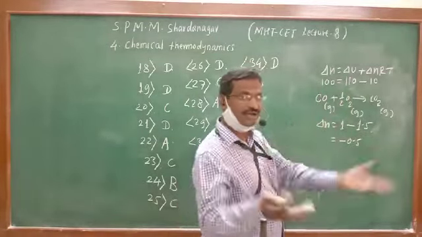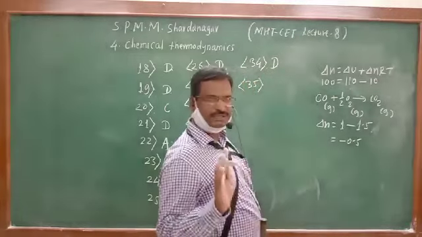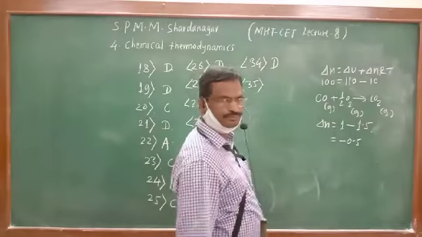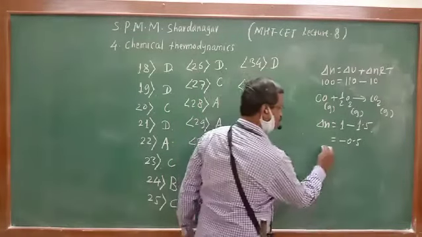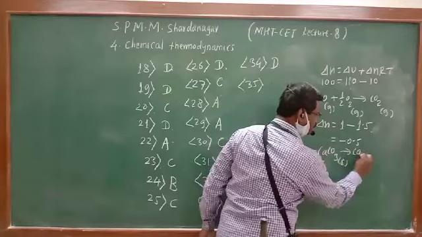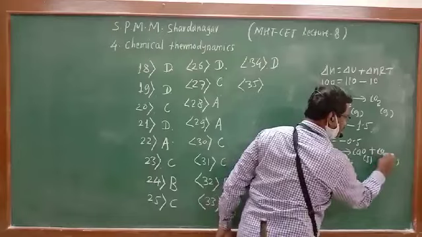Now see another reaction. Let us see one reaction in which delta N is positive. CaCO3 solid giving CaO solid plus CO2 gas.